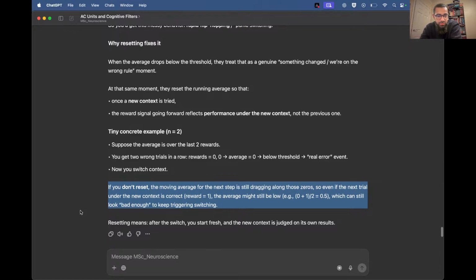So even if the next trial under the new context is correct, a 1, the average might still be low: 0 plus 1 over 2. So you're still lagging behind despite fixing or switching, which can still look bad enough to keep triggering switching. Resetting after the switch, you start fresh and the new context is judged on its merits.